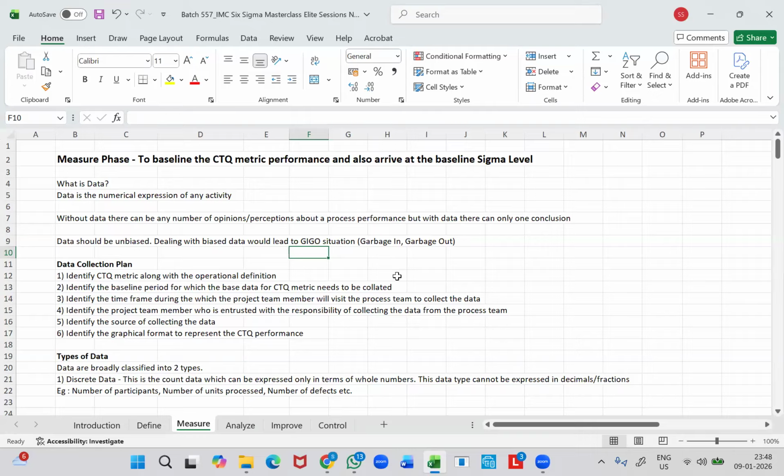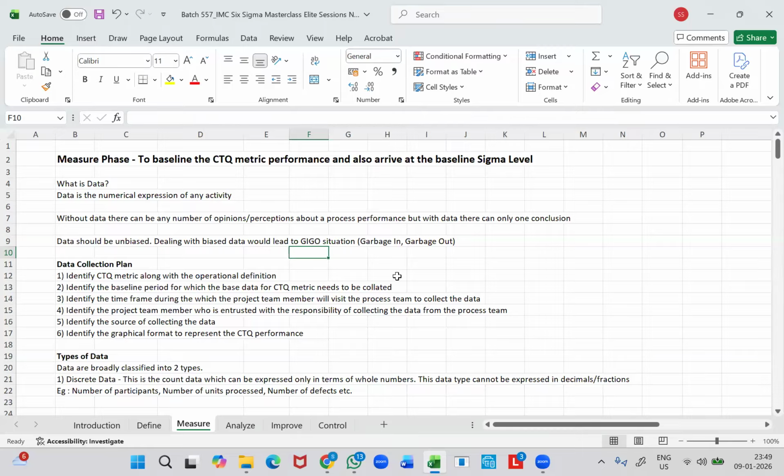It would help us validate the correctness of the data we have collated for the CTQ metric. We will look at how to perform that exercise and how to analyze the data to validate its correctness, right? So that will be at a later stage.